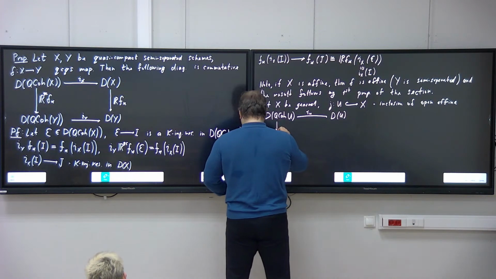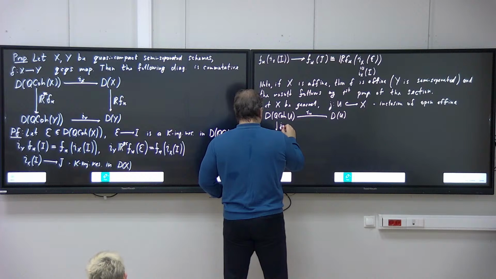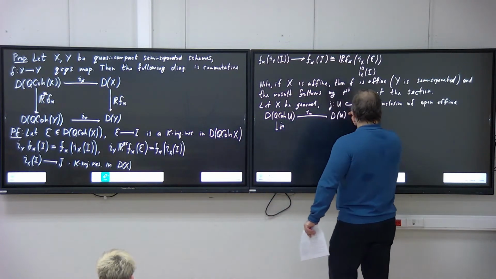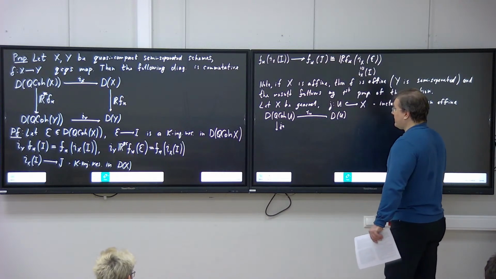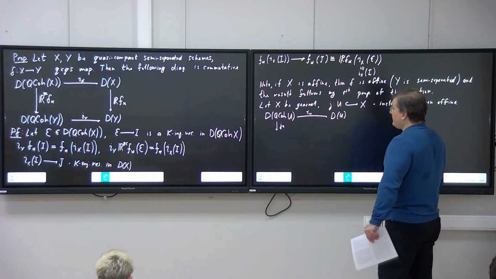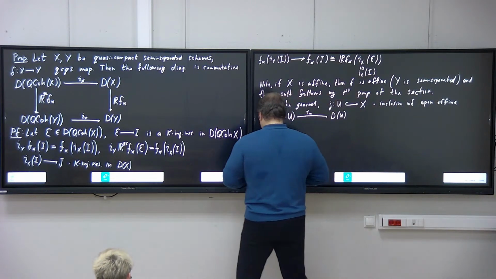Then there is J lower star. Since this is an affine inclusion into a semi-separated scheme, this is an affine map, so I don't need to derive this functor.